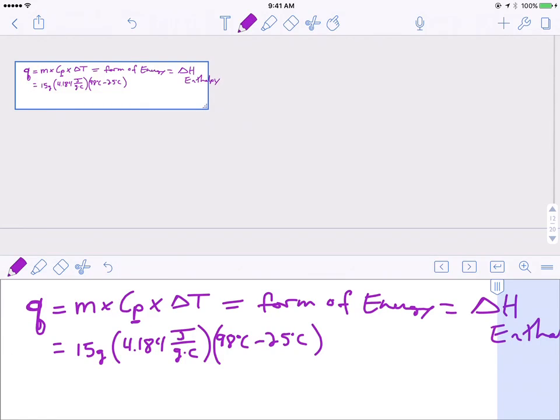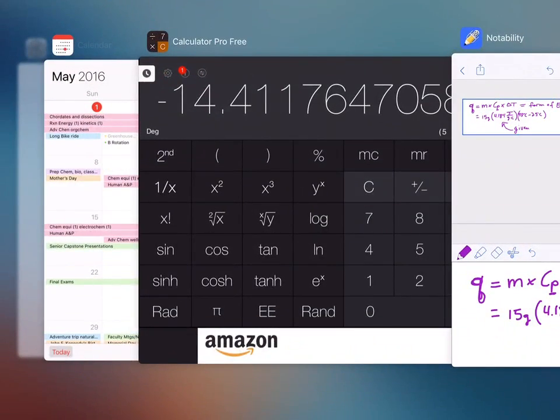Sweet. All right. So here, these are just 3 variables that we multiply in. This is given, always. I will give that to you. And you can just substitute the rest in. So let's do it. 15 times 4.184 times the difference between 98 and 25. Go to my calculator.